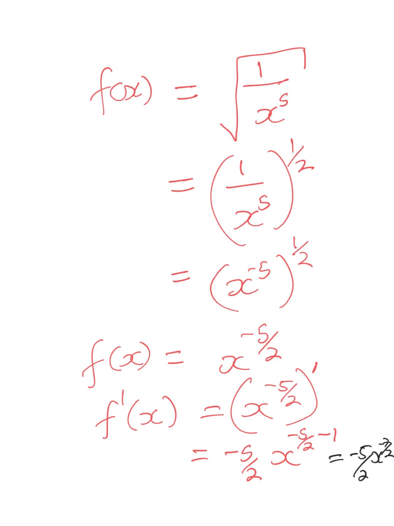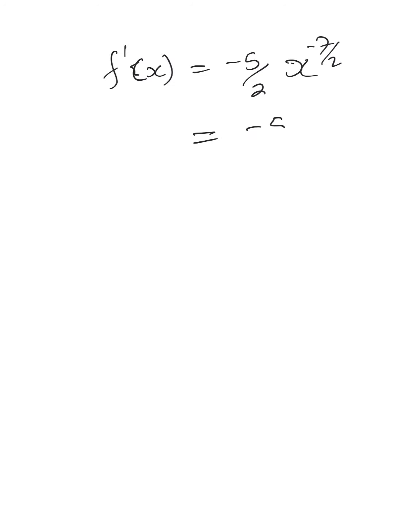You've got to be good at handling fractions. So I have f dash of x is minus 5 over 2 x to the minus 7 over 2. I can write this as minus 5 out of 2 x to the 7 over 2. I have found the derivative. So that's what we do with the powers of x.